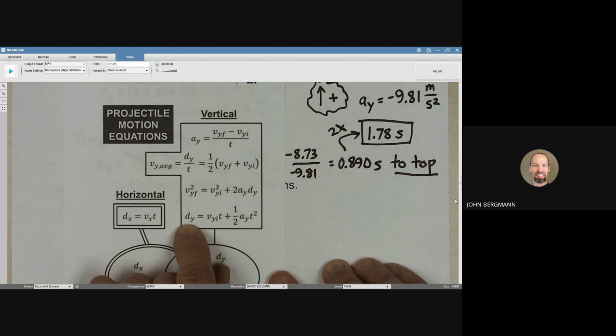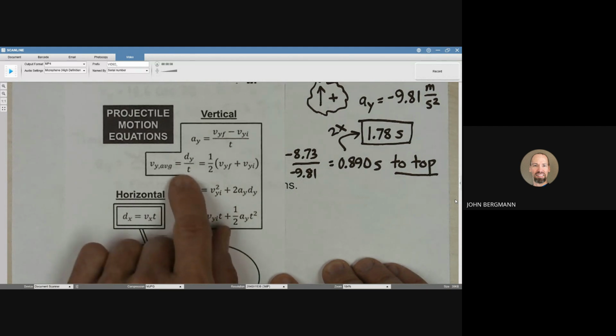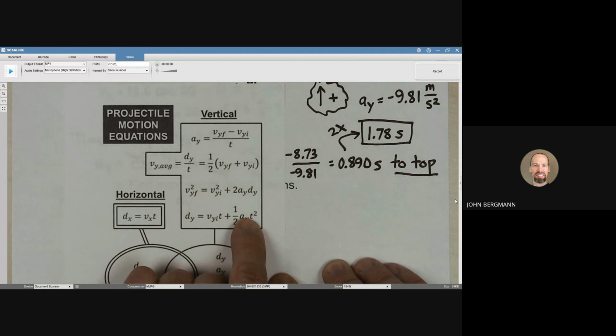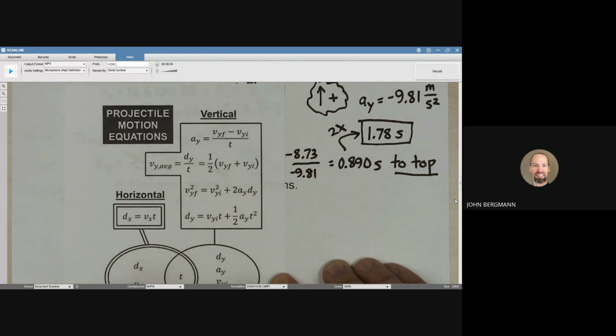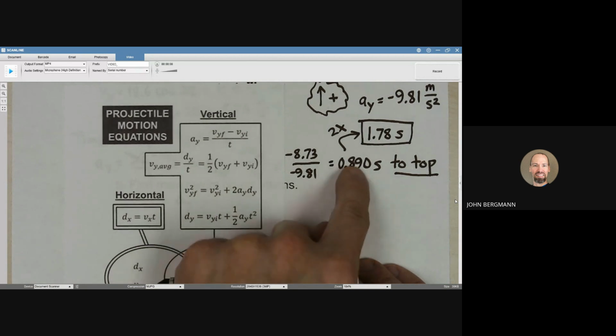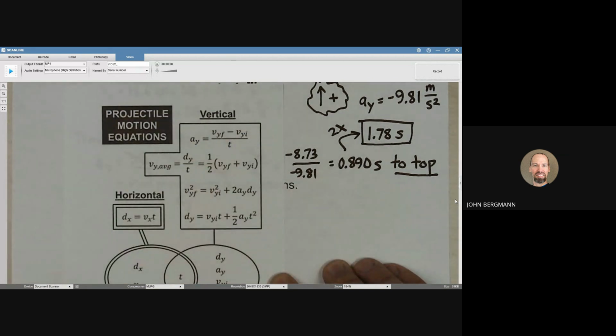There is a slight danger to using the second one or the last one in this case because they depend on the time that we've already calculated. However, because I don't want you to be afraid to use a previous answer in finding something later, I'm going to go ahead and use this one to find dy.